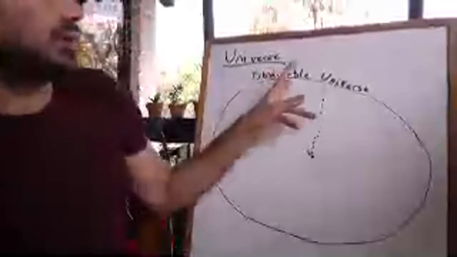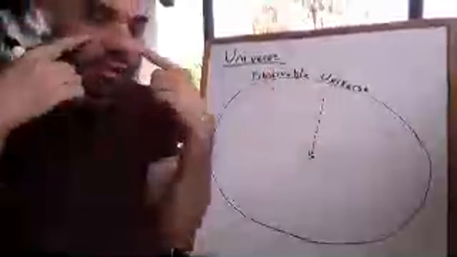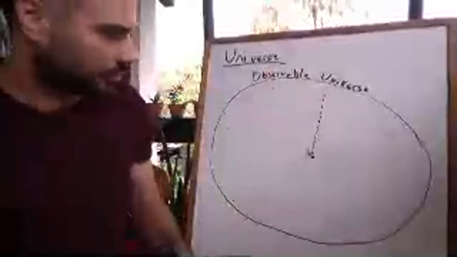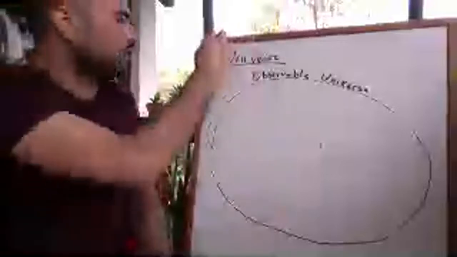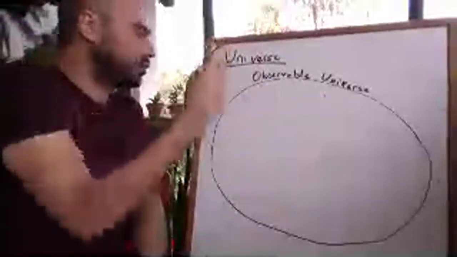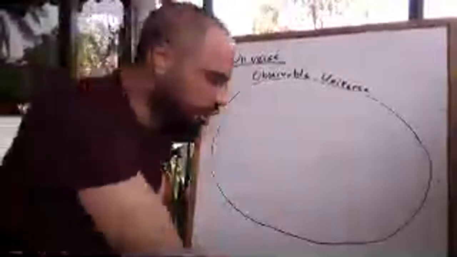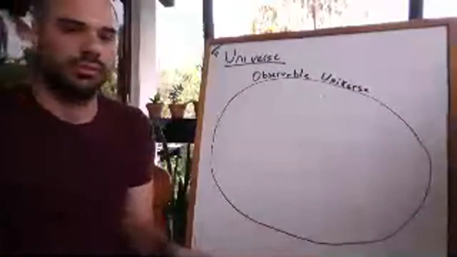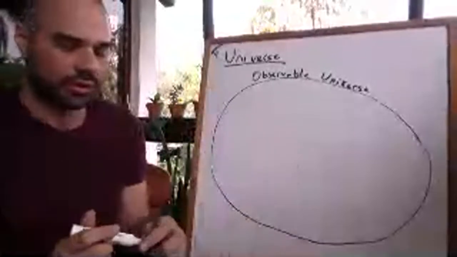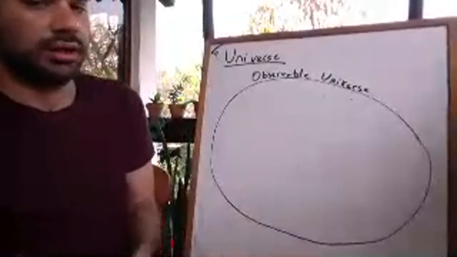So this is the observable universe, the universe that we could actually see. But the real universe is larger than that. And we don't know how much larger than that it is. We don't know. Okay? But the observable universe is pretty big.